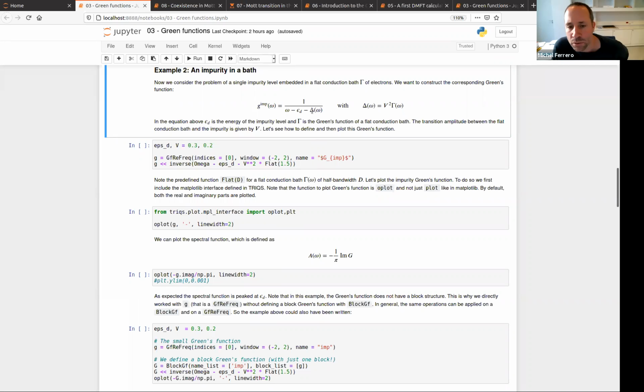In that case, if you wanted to write it as a sum, it would be some sum over k of v_k squared, but all the v_k's are equal to v, so this is why v squared came out here, of 1 divided by omega minus the corresponding epsilon k that leads to a flat dispersion. And this sum is hidden in this. It has been carried out analytically, and it is inside flat.